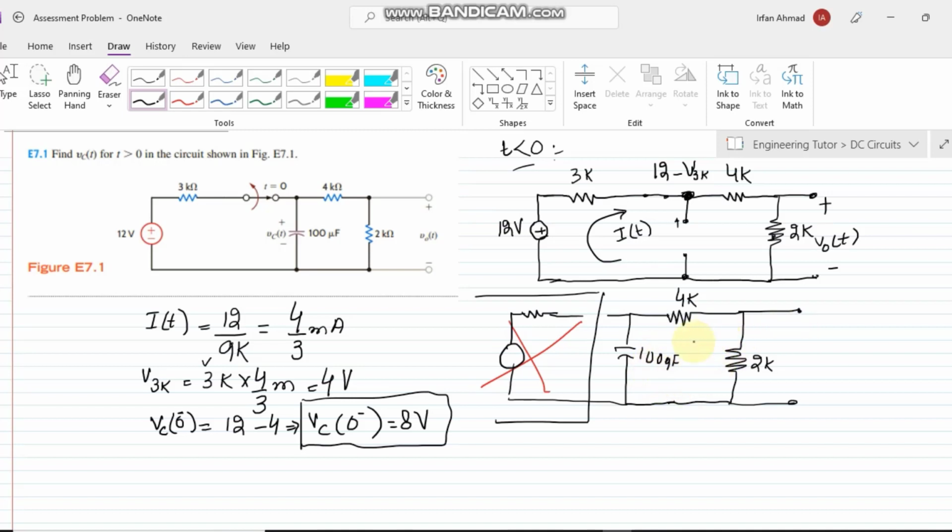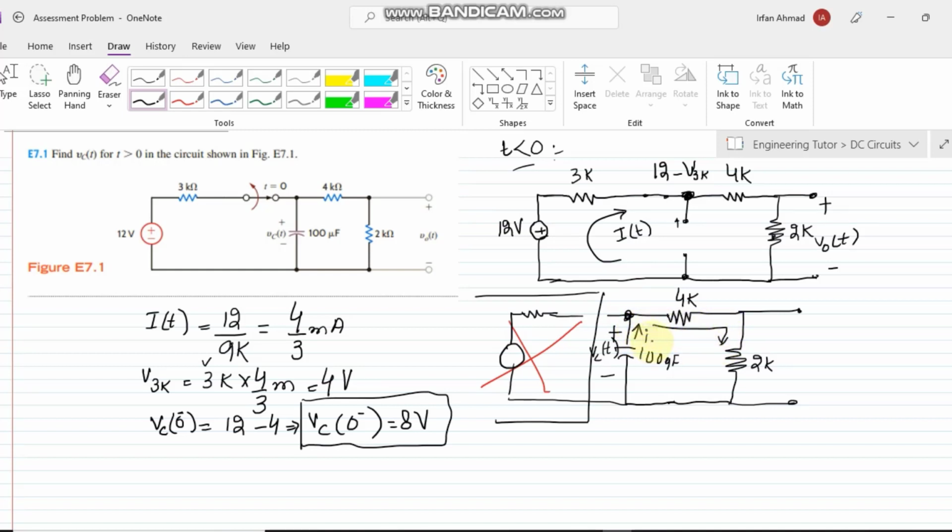Here we have to find out the value of VC of t. In order to carry out our analysis, we use the method in which this is the current and this is the other current.